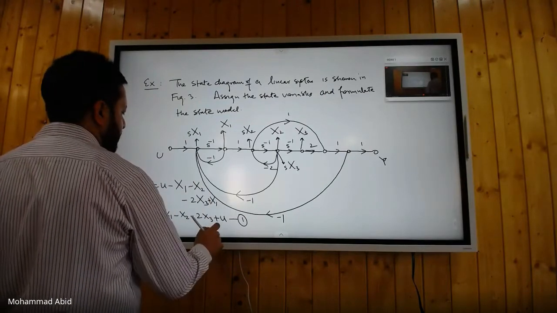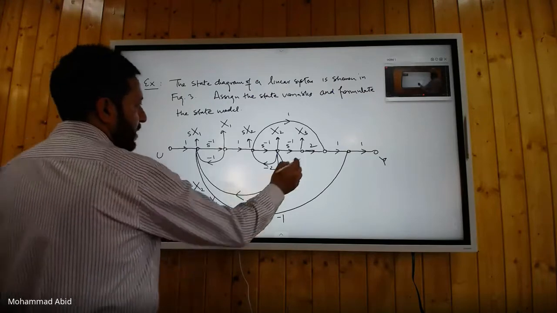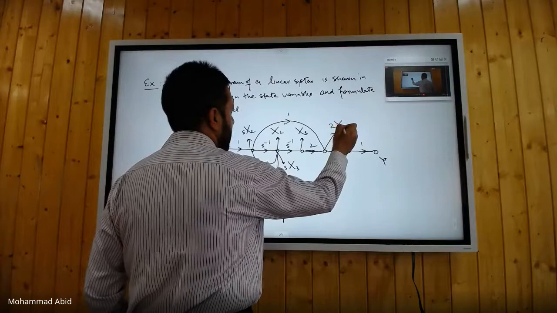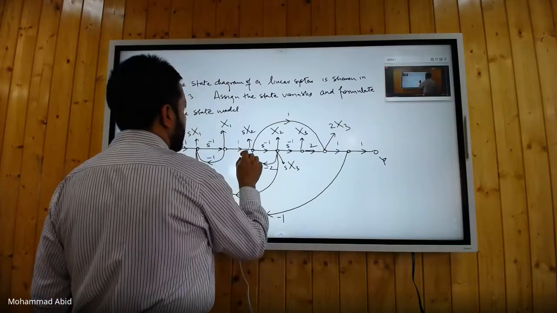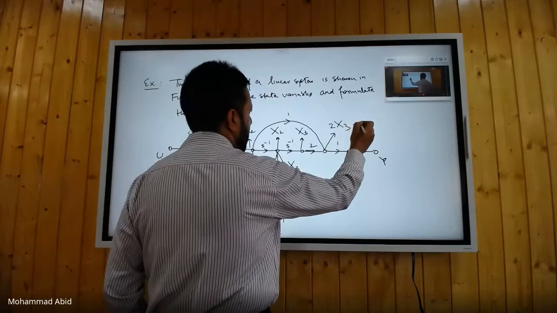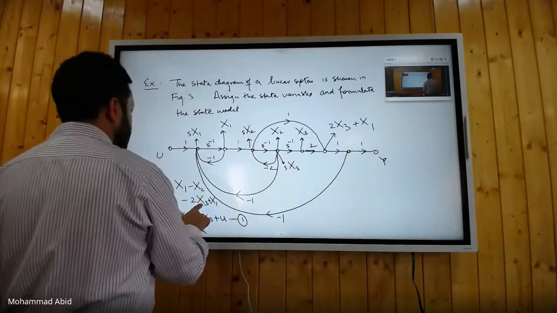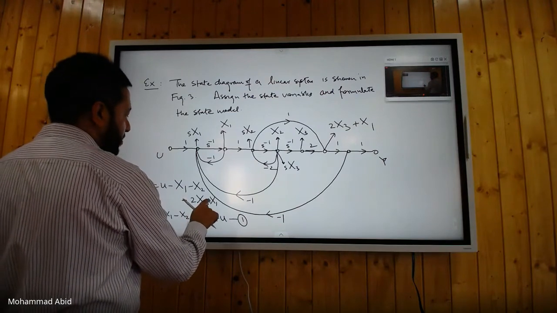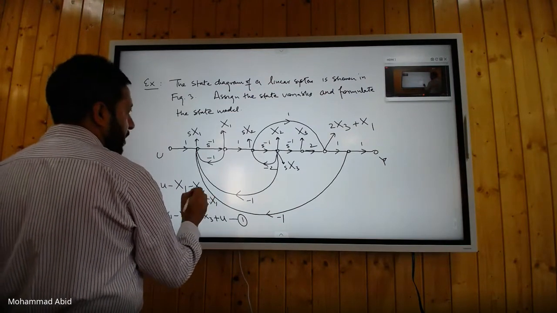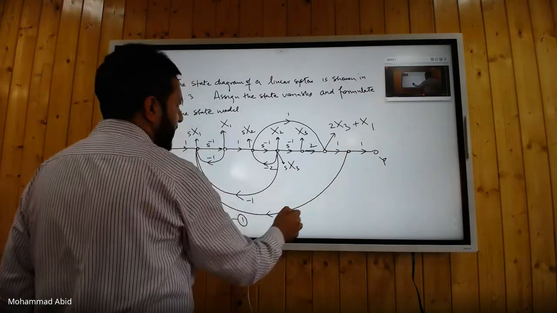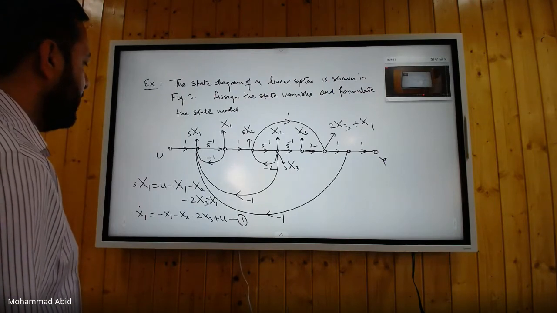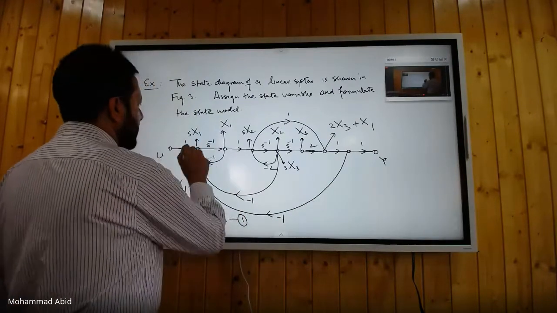The signal here is actually 2x3 plus x1, as we have written here. So this will be minus here because it's getting multiplied by -1 and then coming here.